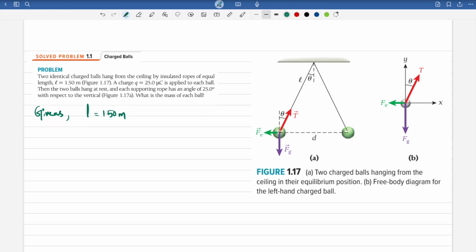Let's call the first ball A and this ball B. So QA equals QB equals 25 microcoulomb. So just call it Q, 25 microcoulomb. No need to put A and B here because they have the same charge.